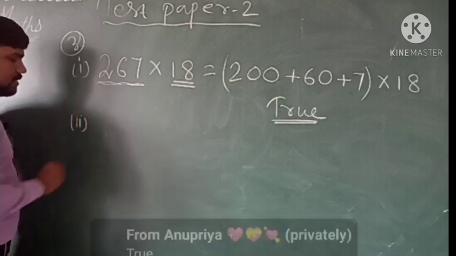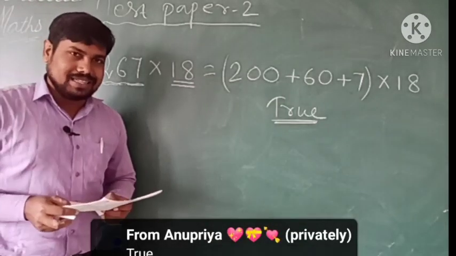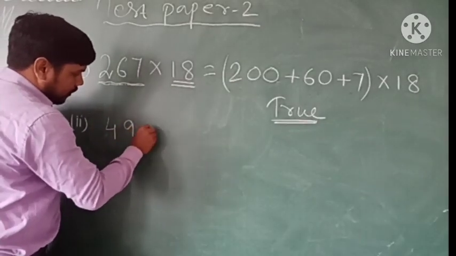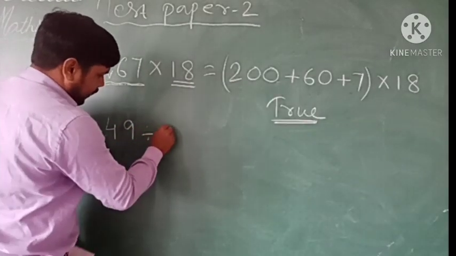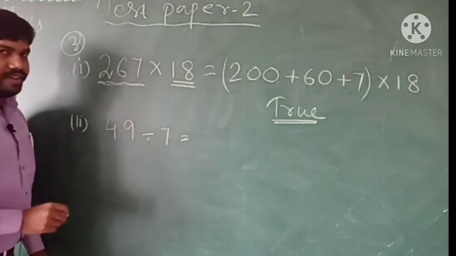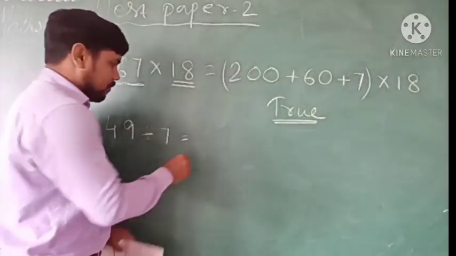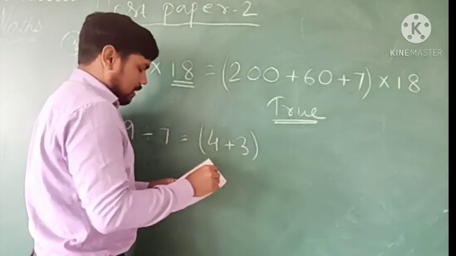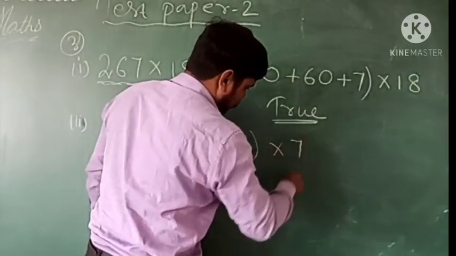Okay, so let's see the second question which we have. It is asking 49 divided by 7 is equal to 4 plus 3 multiply 7.